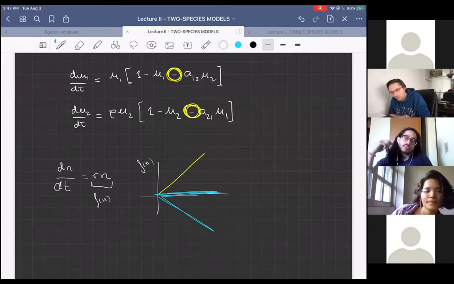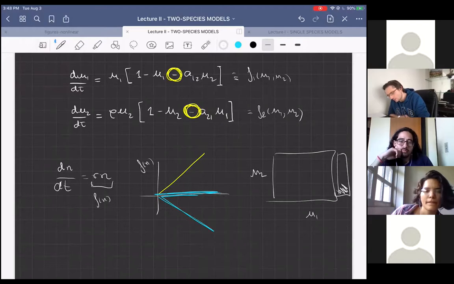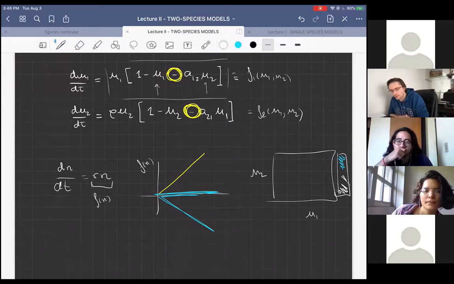So now, because I have two species, I still can interpret this as the growth rate of species 1 and this as the growth rate of species 2, right? Nothing tells me that I cannot do that. The only difference is that now the growth rate depends on U1 and U2, and I will have some heat map here going, I don't know, from blue to yellow. In principle, this is giving me the growth rate of U1, how fast population 1 grows if I have some individuals of 1 and individuals of 2.